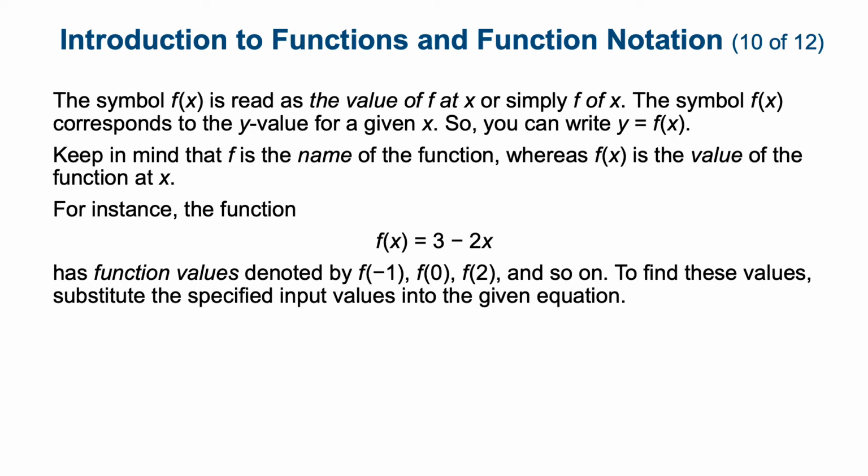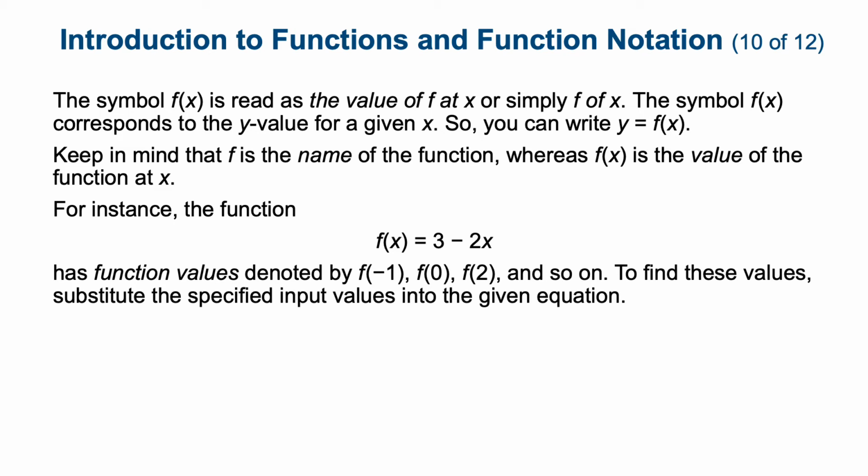Okay, so remember f by itself is the name, and then f of x is the value of the function at x, okay? It's a little different. So for example, f of x equals 3 minus 2x has function values denoted by f of negative 1, f of 0, f of 2, and so on.